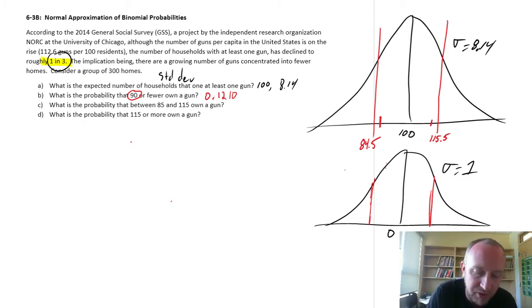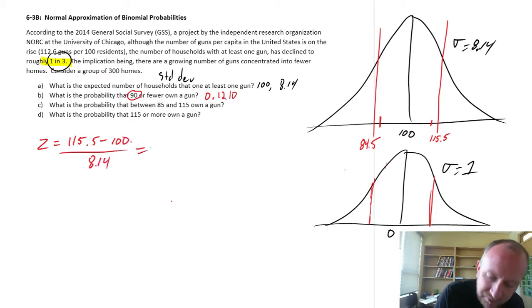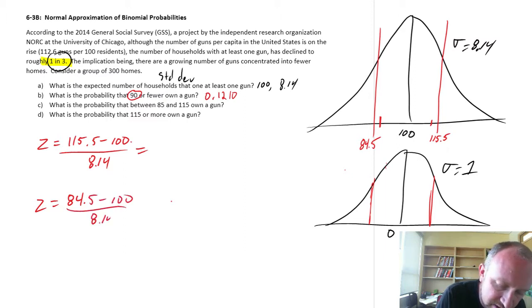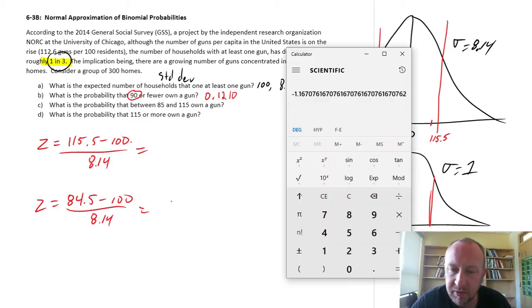So we need both z-scores here. The first one, I'll get 115.5 minus 100 over 8.14, and that'll give us the upper z-score. The lower one will be 84.5 minus 100 over 8.14. That'll give us the lower of the two. Let me find my calculator.